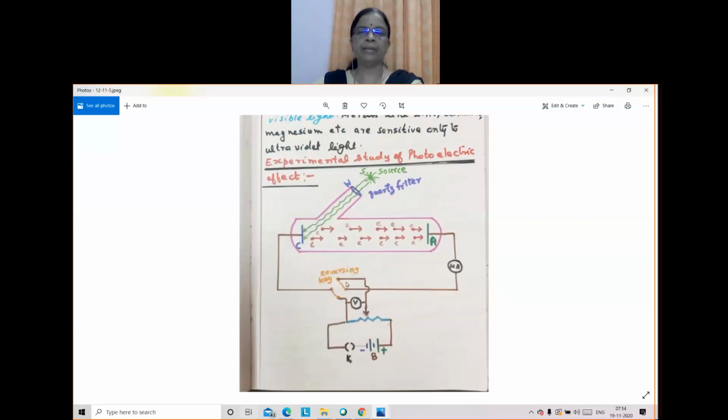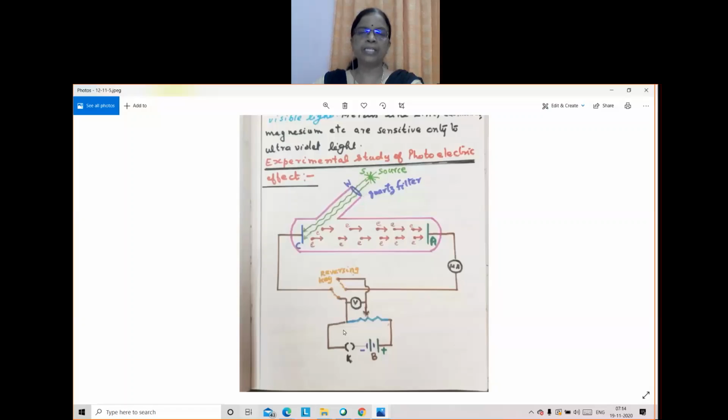We can reverse the potential also. Not only in the forward direction, in the reverse direction also we can apply the potential difference, using a commutator arrangement. For measuring the voltage, we provide a voltmeter. For measuring the photoelectric current, we provide a microammeter.